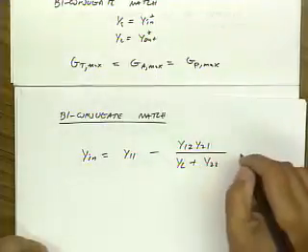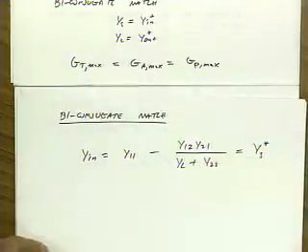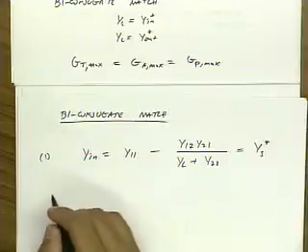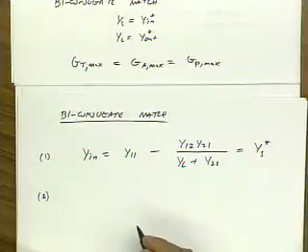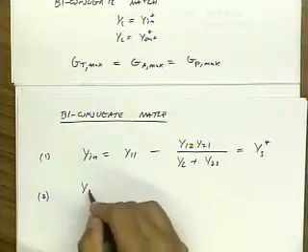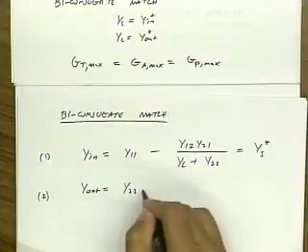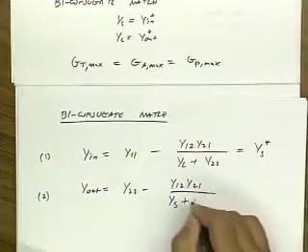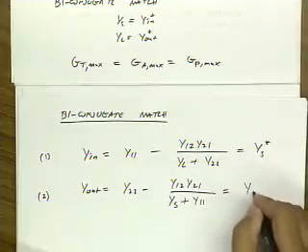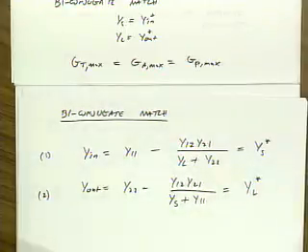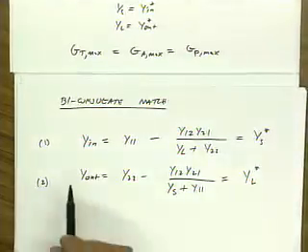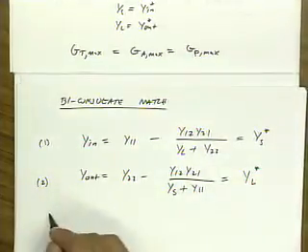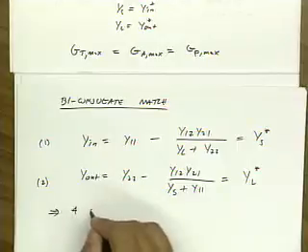And I simply set that equal to YS star. This is our first equation, the same as the one we wrote a few slides ago. And likewise, Yout, which is Y22 minus Y12 Y21 divided by YS plus Y11, we set equal to YL complex conjugate.